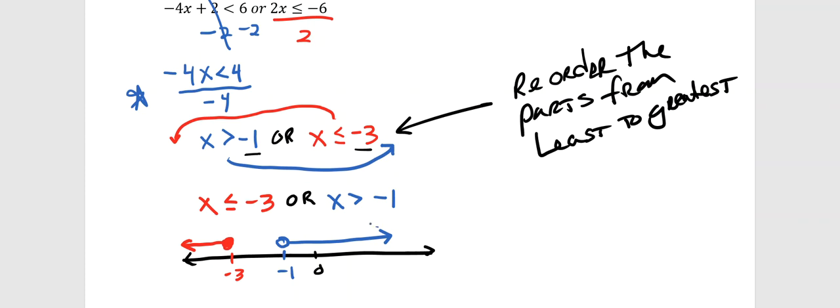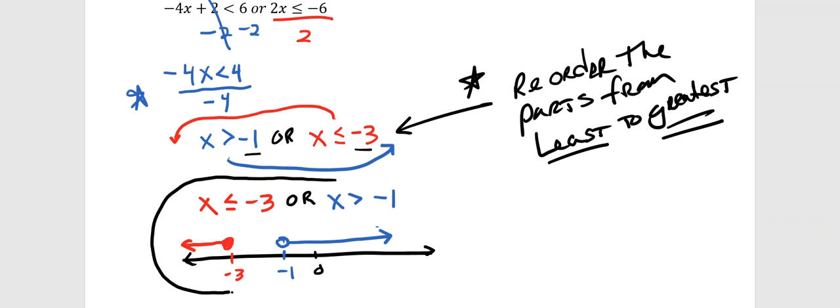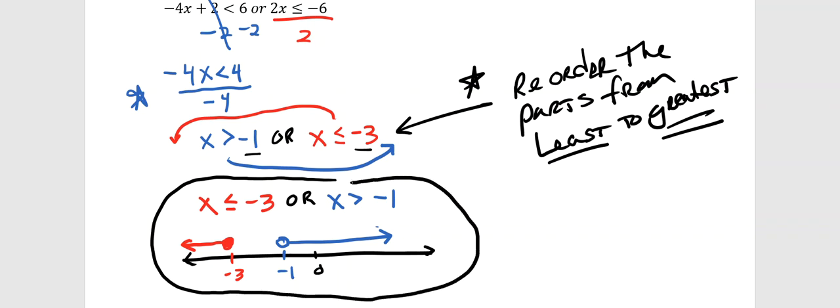The right side being the bigger value of our solution is the bigger oar. So that's another thing we also want to be aware of, that when we have these compound inequalities, when there are two separate pieces, we want to reorder the parts from least to greatest. So that gives us our final solution.